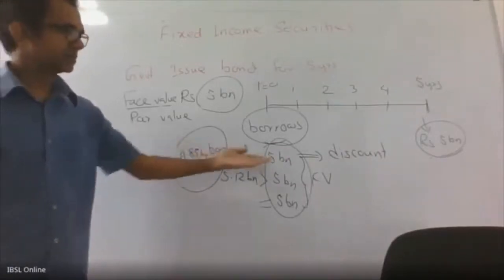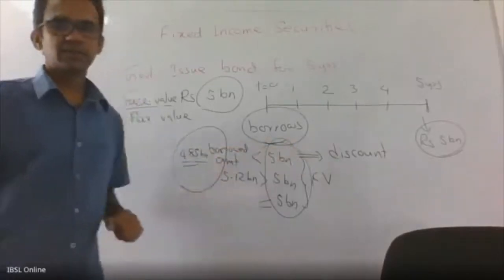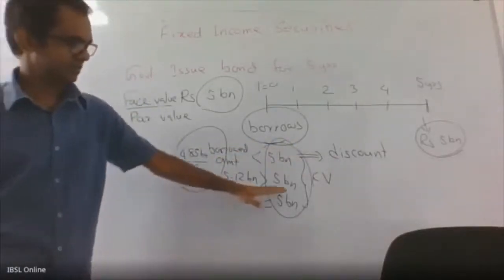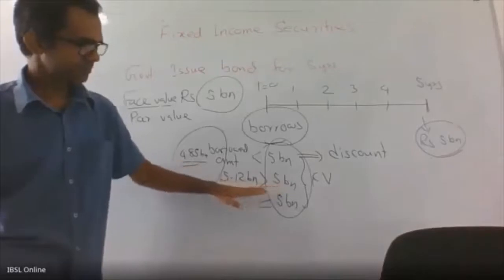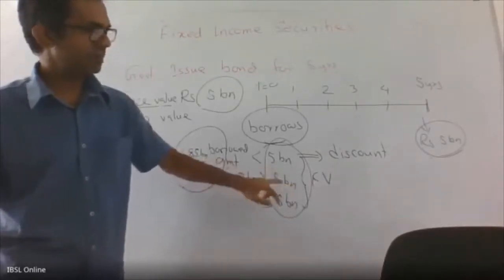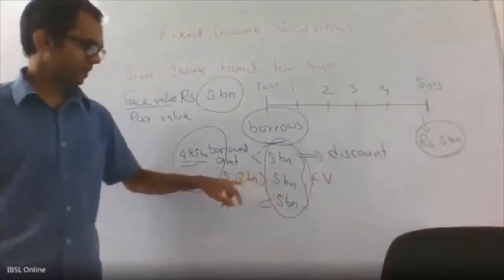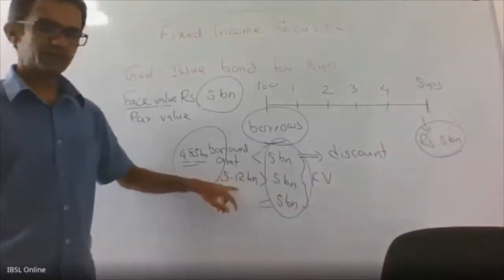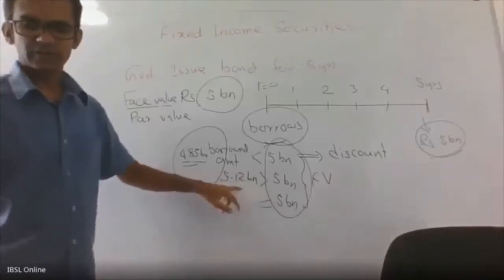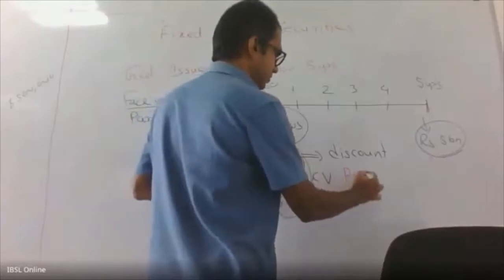So this is at a discount. We call this difference the discount. But in the second instance, the government agrees to pay only 5 billion in 5 years' time, but today investors agree to lend more than 5 billion. That is what we call premium.